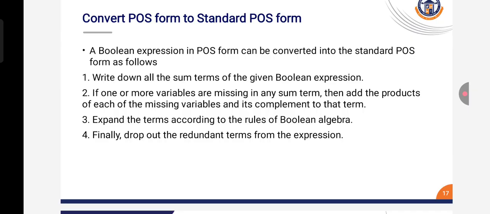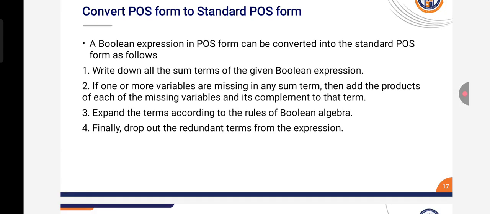If one or more variables are missing in any sum term, then add the product of each missing variable and its complement form, expand the terms using the distributive law and reorder the expression, and finally reduce the Boolean expression by omitting the repeated terms.